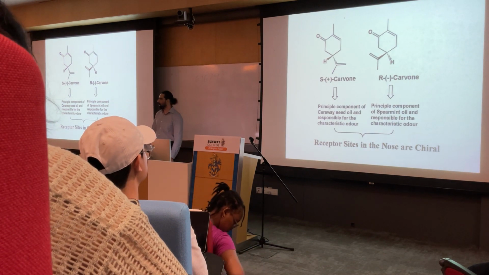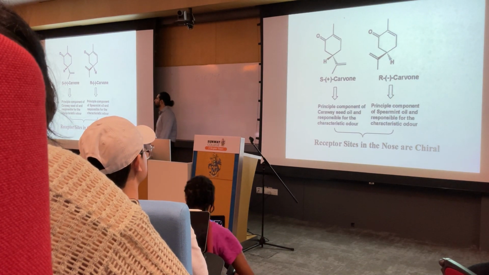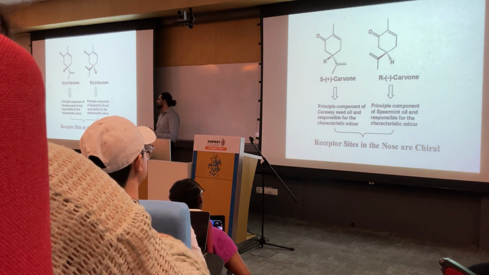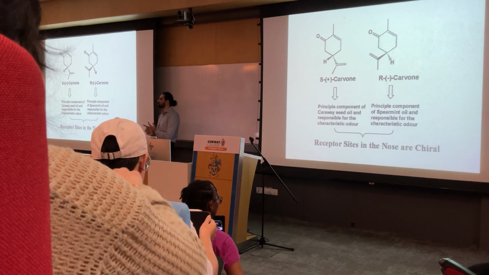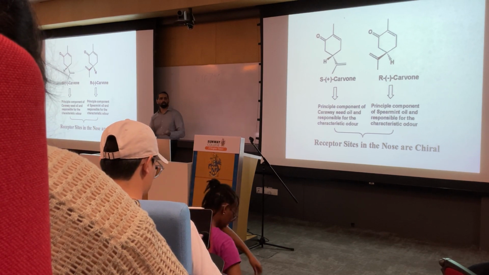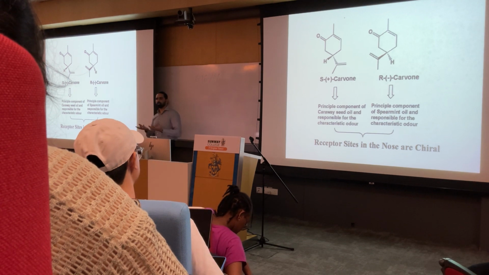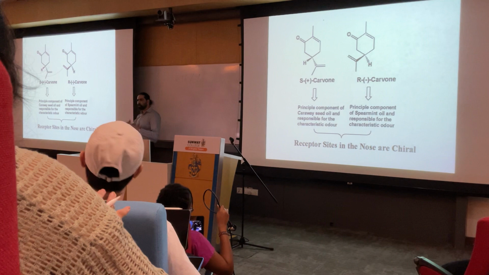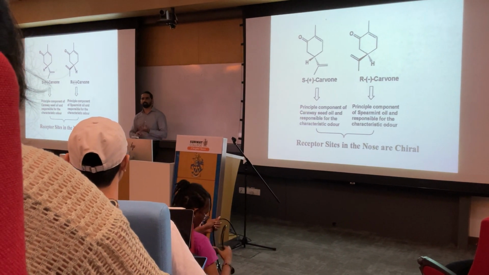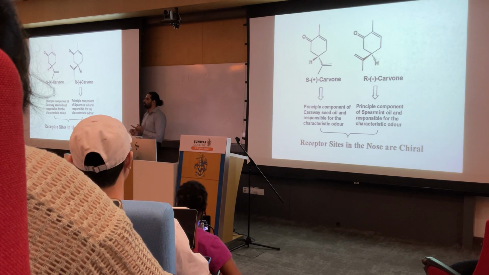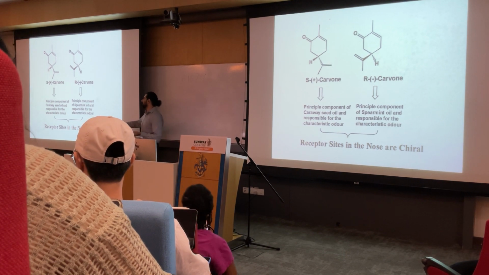Right? And why is this important? For many reasons, our senses and many other biological functions require the particular stereoisomer which is responsible for attaching to those receptors. Most biological receptors are made up of proteins, lipids and carbohydrates, and those are all chiral molecules.